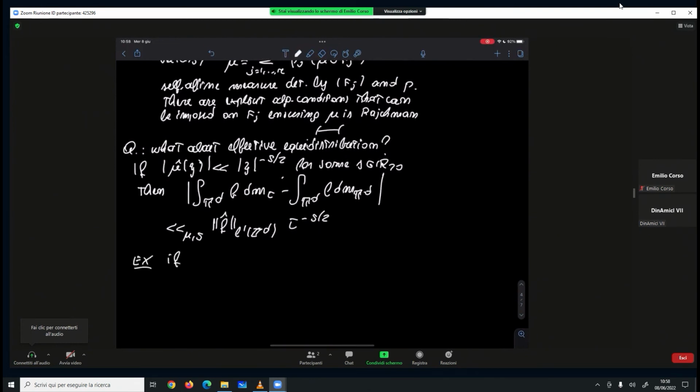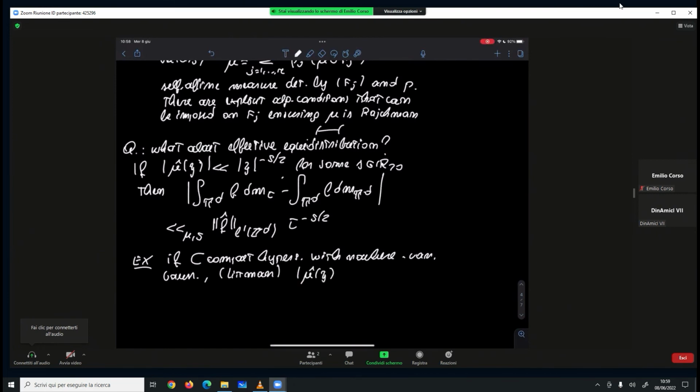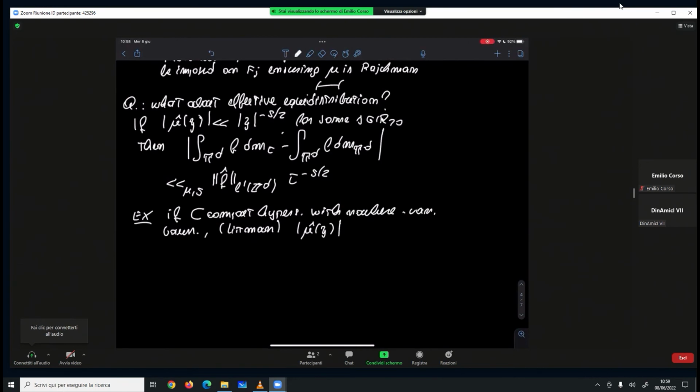And let me just say that if C is as before, so a compact hypersurface with nowhere vanishing Gaussian curvature, as before, then a result of Littman in the 60s says that you have the expected optimal Fourier decay for the measure mu.